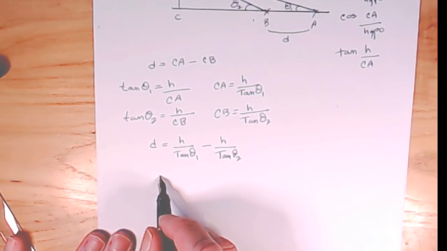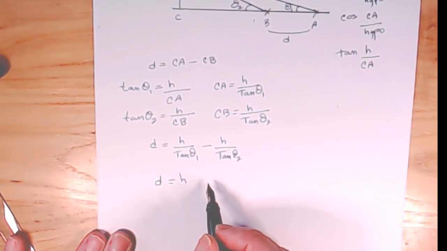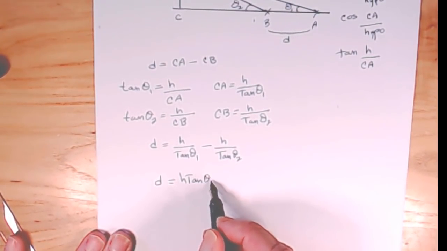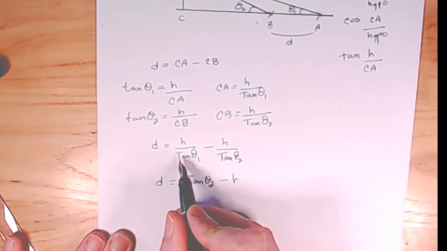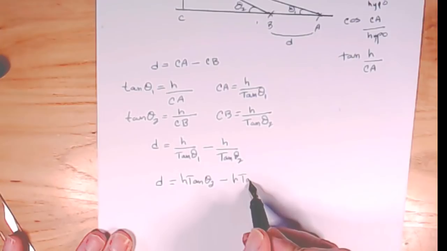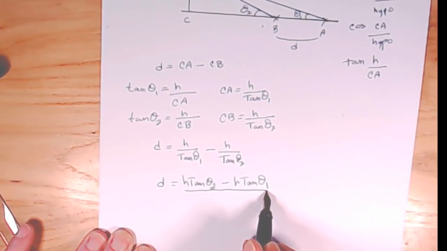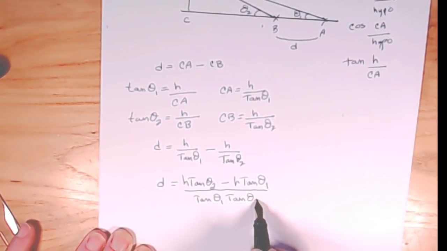So let's do that. So d equals h times the tangent of angle 2 minus h times the tangent of angle 1, over tangent 1 times tangent 2. That's just basic cross multiplication to get a common denominator.